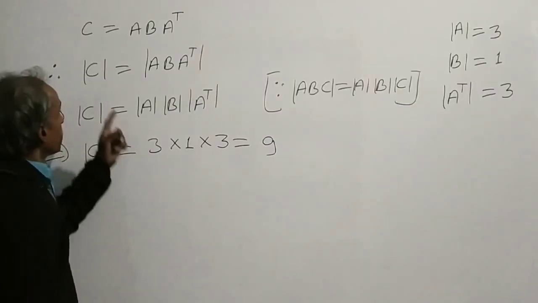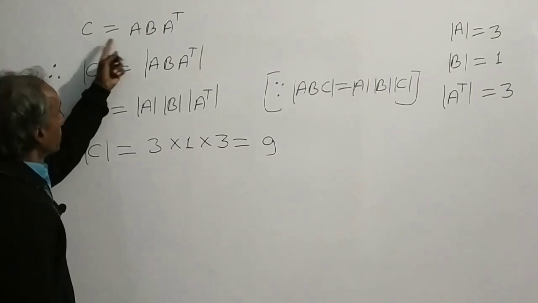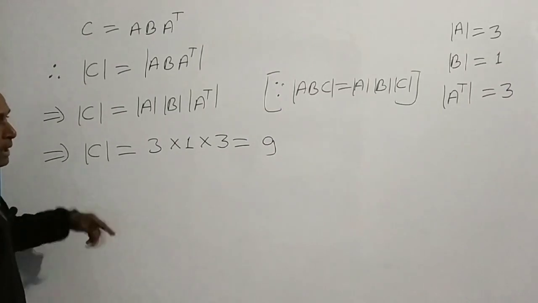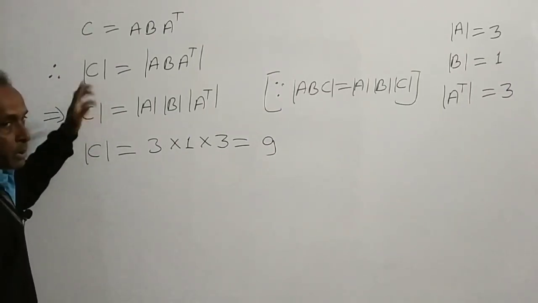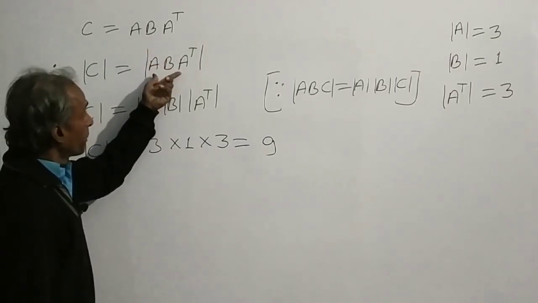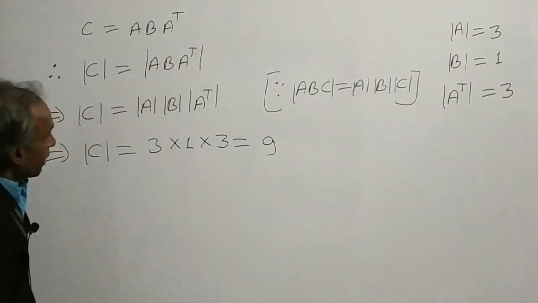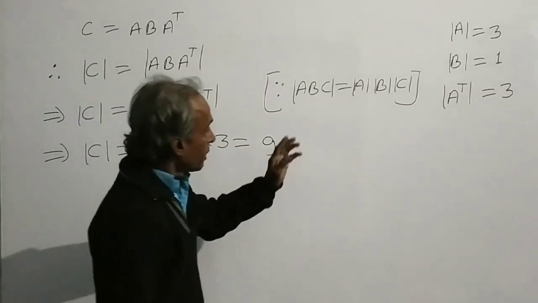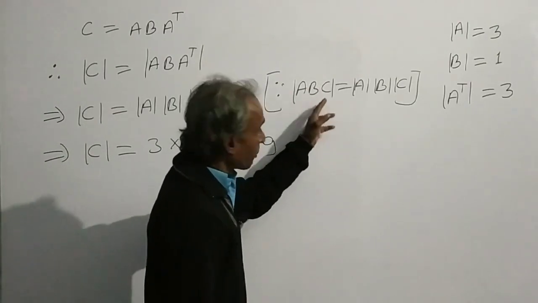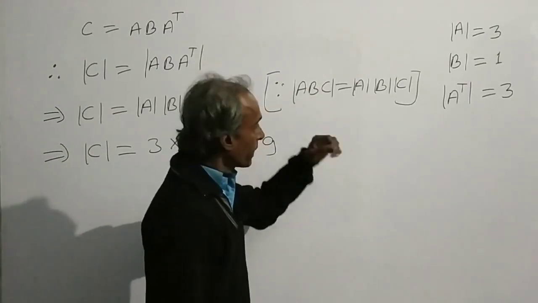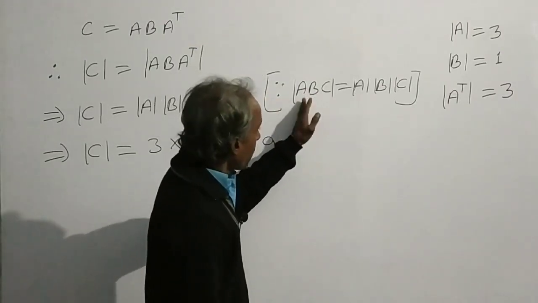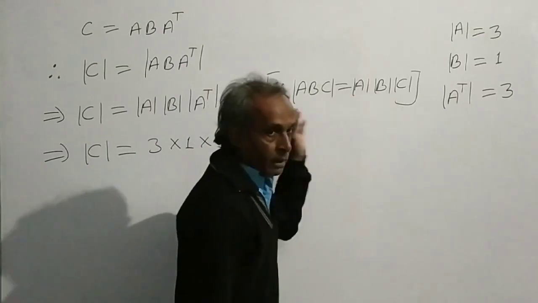It is given in the question that C is equal to AB, AT. Therefore, determinant of C will be equal to determinant of product of these three matrices. To find determinant of product of three matrices or 4 matrices or 5 matrices, we find determinant of each matrix and multiply them.